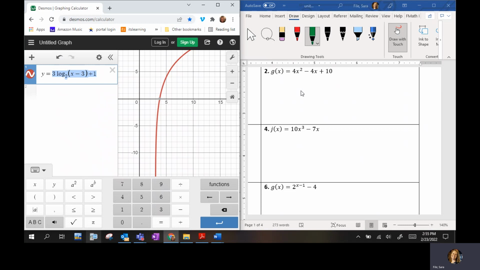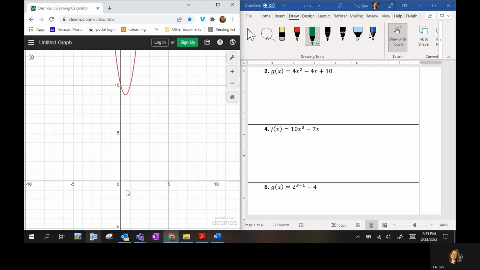But there was practice with that at the end of the review as well, so it's not a big deal. Minus 4x, 10. All right, so we've got a quadratic. This is going to be a parabola. And we can see its vertex is at 1/2, 9.